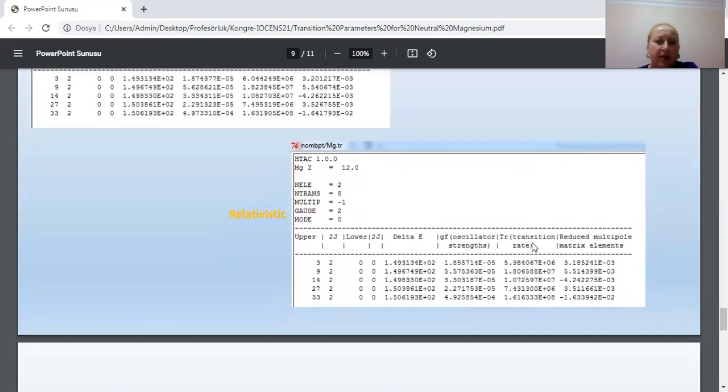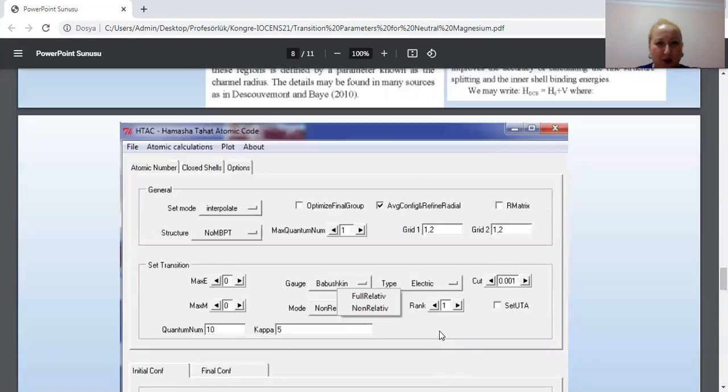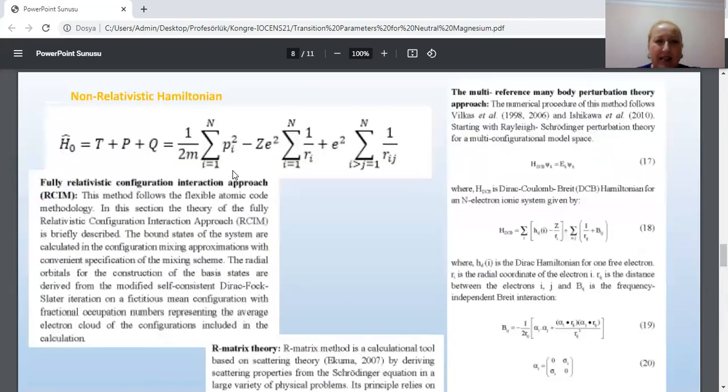The Hamiltonian for the non-relativistic case, which I showed you again, is a simple, basic, pure Hamiltonian: kinetic energy and potential energy. But for the relativistic Hamiltonian, we have more terms, and we have to add and solve these interactions, so it is complicated.